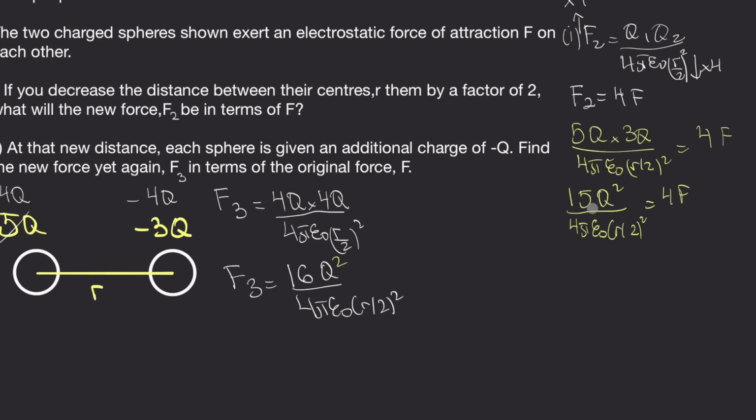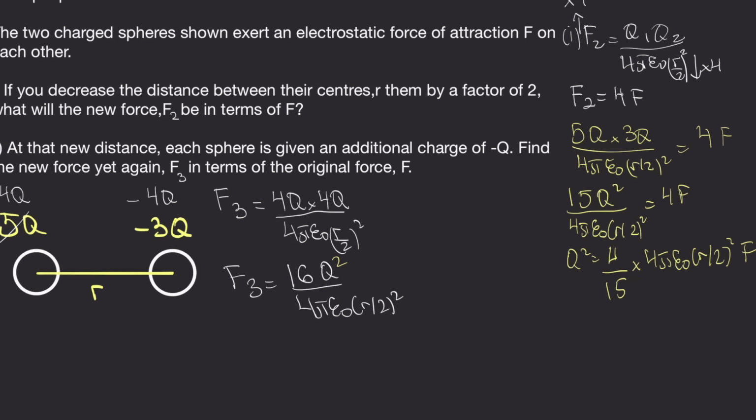And now I have a common variable between those two expressions, which is q squared. So shall we just rearrange for q squared, which is going to be equal to 4 over 15, and then I'm going to multiply by 4 pi epsilon naught (r over 2) squared, and then multiply that by F.